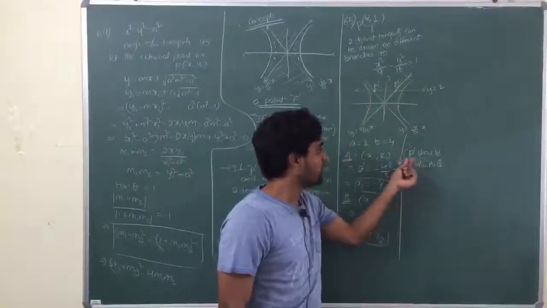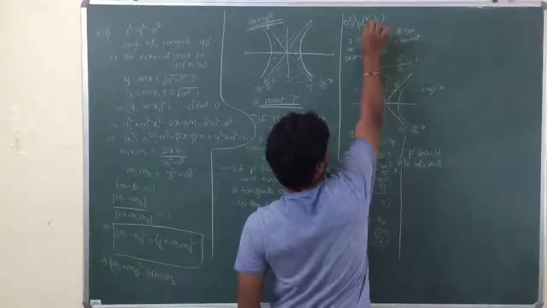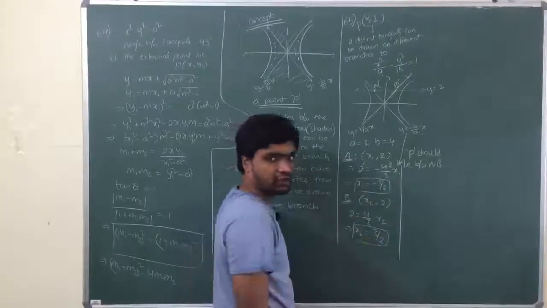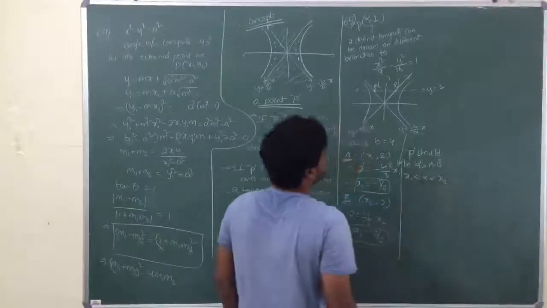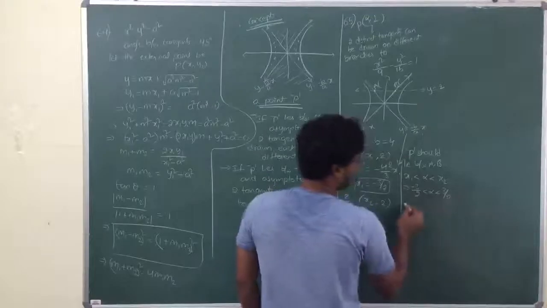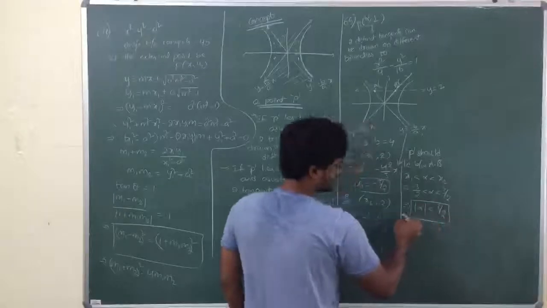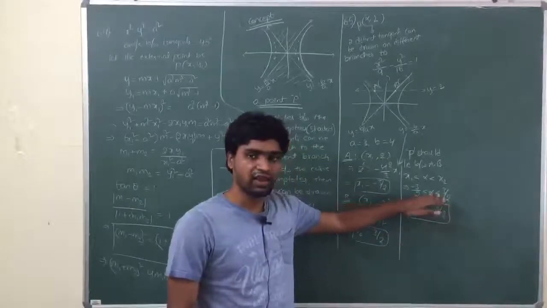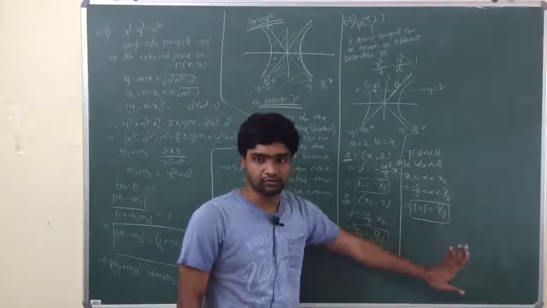The x coordinate of point P should be greater than the x coordinate of point A and less than the x coordinate of point B. So x1 less than alpha less than x2. Now minus 3 by 2 less than alpha less than 3 by 2, which means mod alpha is less than 3 by 2. Convert this inequality into modulus: alpha lies between minus 3 by 2 and 3 by 2, which means the absolute value is less than 3 by 2.